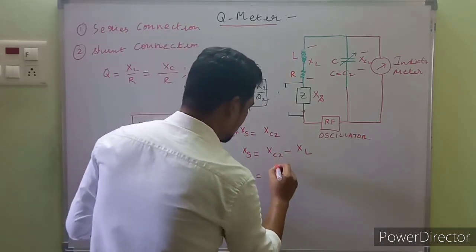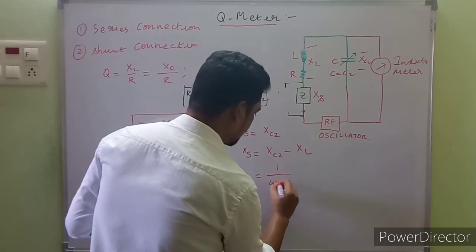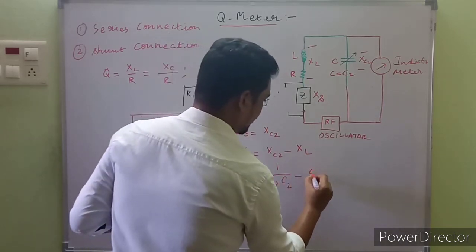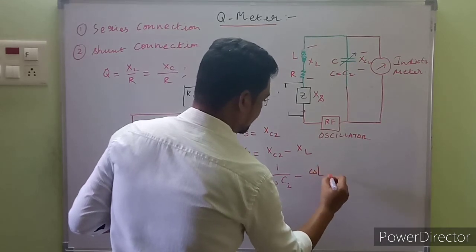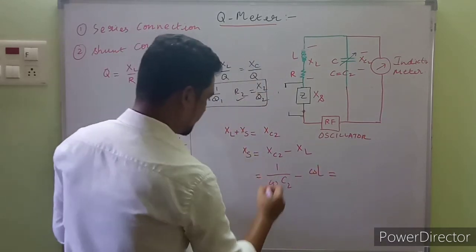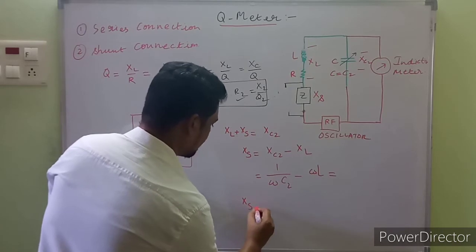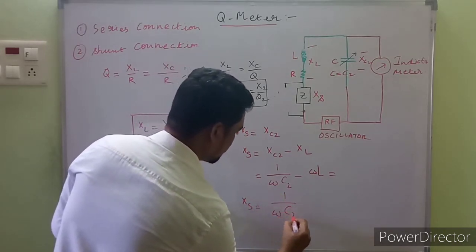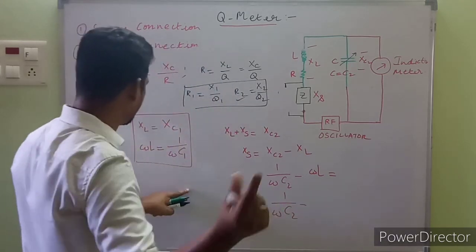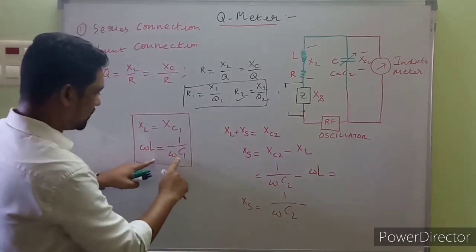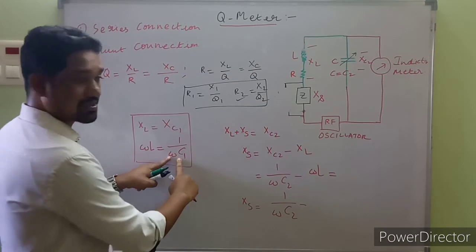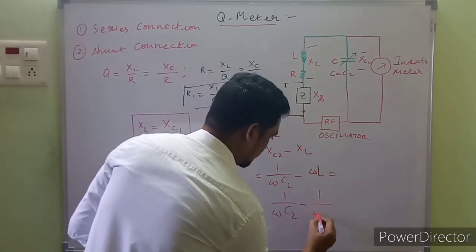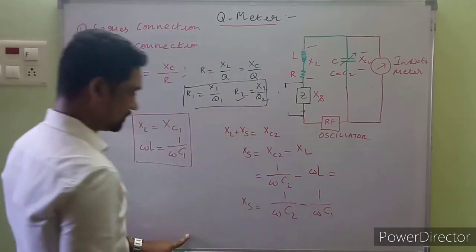It will be 1 upon omega C2 minus XL, omega L. This takes the form XS is equal to 1 upon omega C2, minus, over here, omega L, which is equal to 1 upon omega C1. Substituting that one, we have 1 upon omega C1, right?